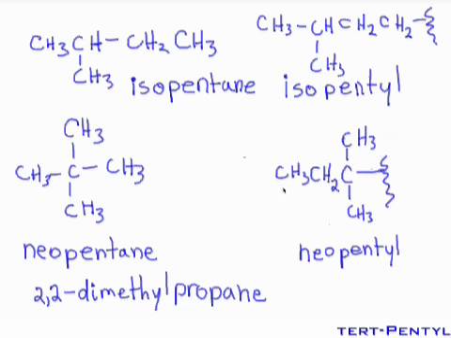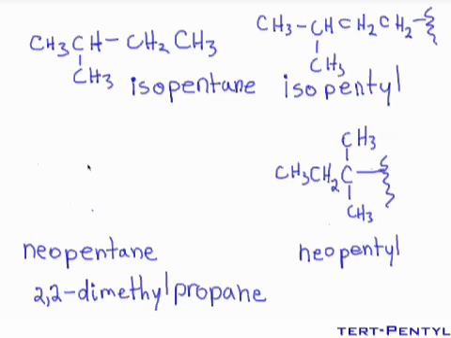So it could look like this, or the side chain could look like, let's draw it a different way, look like this. How about this? You could draw it several different ways. It would be the same thing.